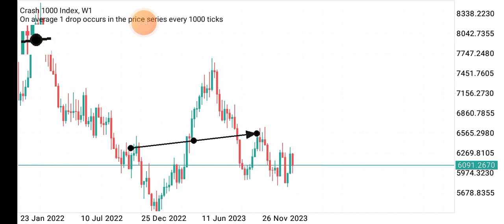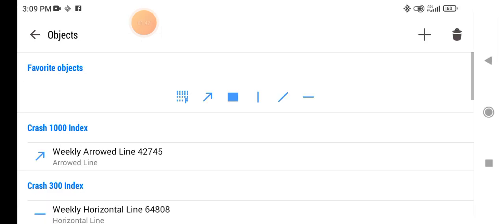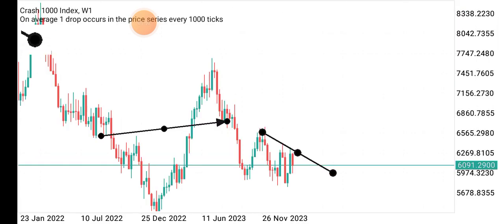So what we will do first is mark out this structure. We mark it out with trend lines above and below, the supportive and the resistive trend lines. Then we duplicate this and put another one down right here.